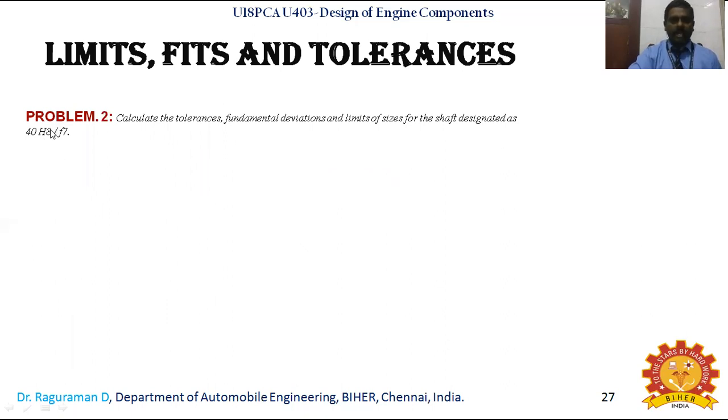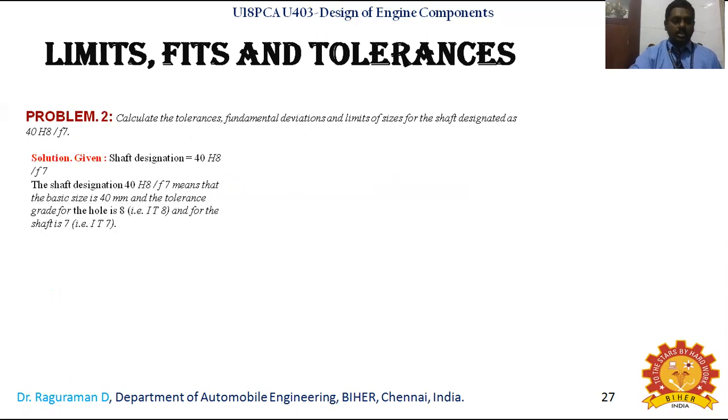For that, the IT grade value you are going to get for a hole basis system because of the capital letter, and here you will see a small case letter. So this is the shaft basis system, IT grade value of 7, and here IT grade value of 8. So now you will make the designation 40H8 for the hole and f7 for the shaft. So that is what you are identifying. Hole is having IT8 and shaft is having IT7. And the basic size is 40 mm.